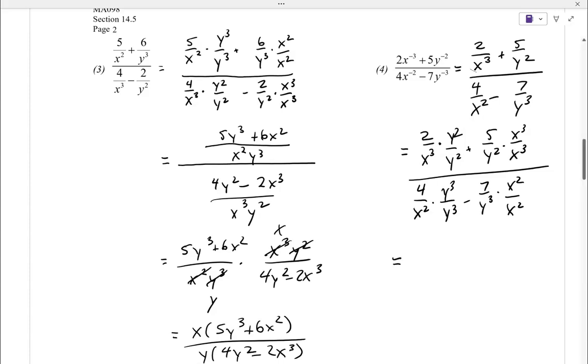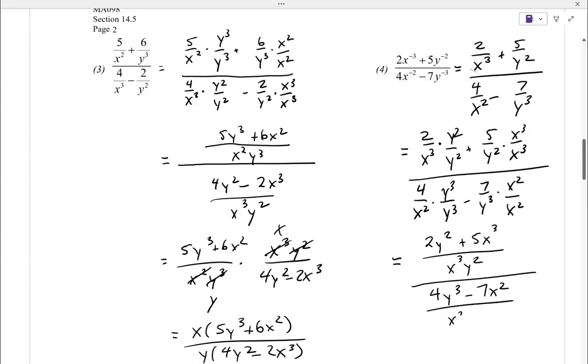After you combine the top, what does it look like? 2y squared plus 5x cubed over. Good. And then the denominator you would get 4y cubed minus 7x squared, over x squared y cubed.